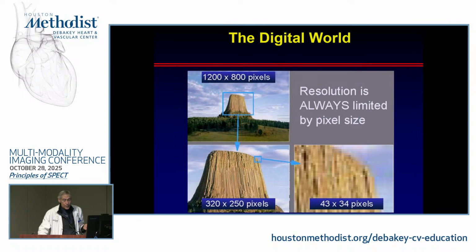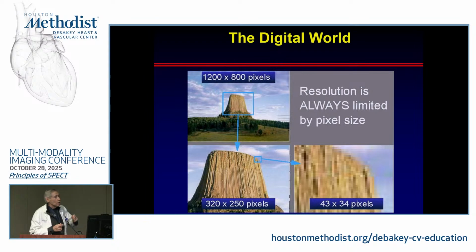And the other thing I want to also mention, because you all who image here look at computers all day long, but you can have the best intrinsic spatial resolution, okay, on your CT system or your SPECT system or your PET system, but if your computer system is not a high resolution system, it will do you very little good, okay?